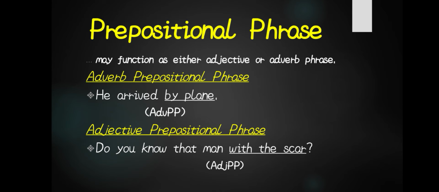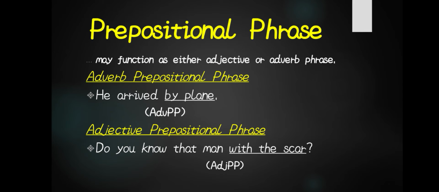Second example, example under adjective prepositional phrase. Do you know that man with a scar? Kani siya, the prepositional phrase with the scar is defining or describing the man. The question is, kinsa man ang gina-modify or unsa man ang gina-modify sa with the scar?